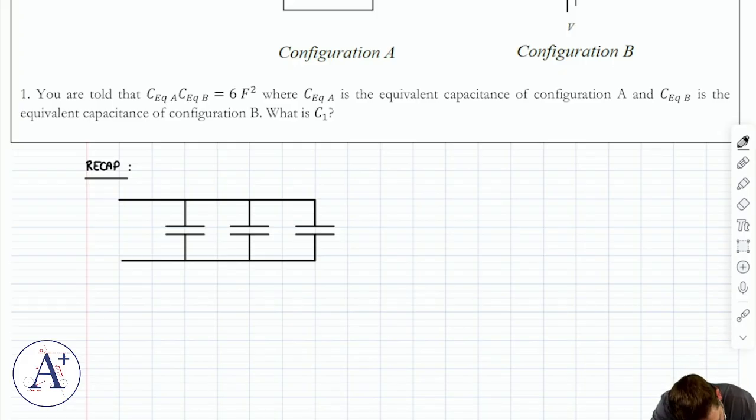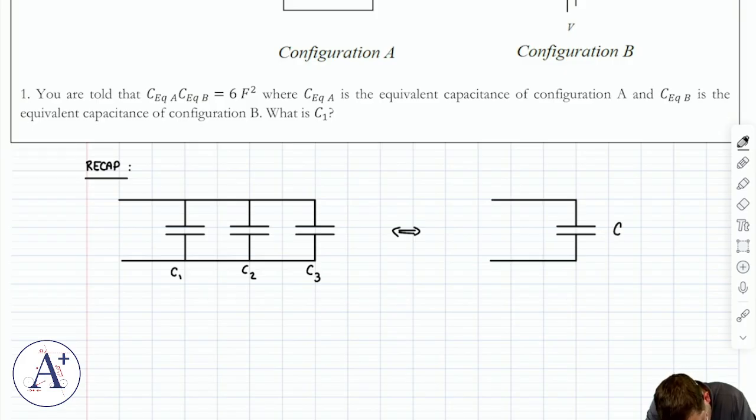So if this is C1, C2, and C3, these are equivalent to one single capacitor with an equivalent capacitor, C equivalent.